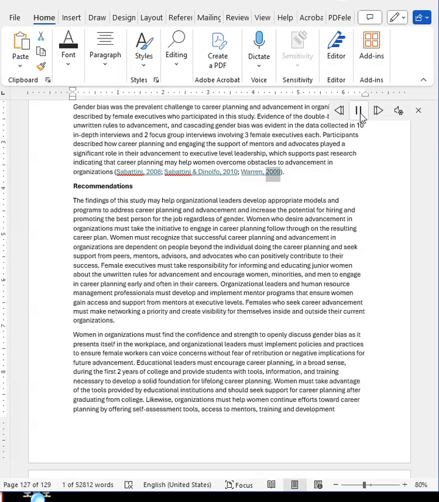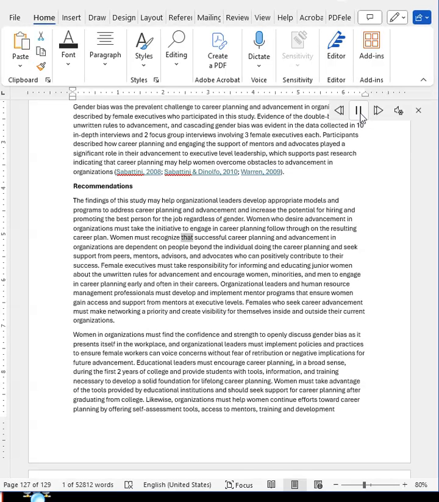Warren, 2009. Recommendations. The findings of this study may help organizational leaders develop appropriate models and programs to address career planning and advancement and increase the potential for hiring and promoting the best person for the job regardless of gender. Women who desire advancement in organizations must take the initiative to engage in career planning and follow through on the resulting career plan.